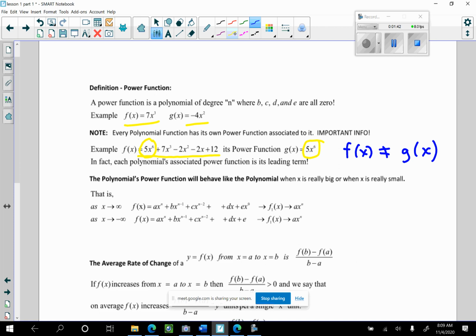As x gets big, as x approaches infinity, this particular polynomial, which is ax to the n plus bx to the n minus 1, all the way to ex to the 0, is going to look like this, f subscript 1. So as x gets big, f of x is going to behave and look like its power function. In fact, ax to the n is the power function for this big long polynomial right here.